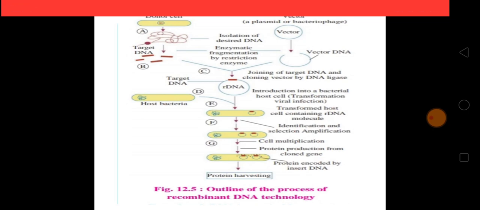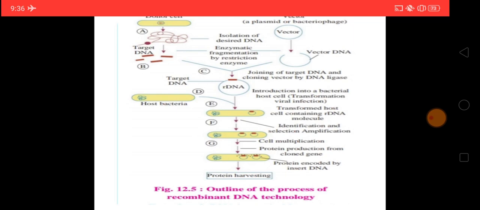When PstI restriction endonuclease is used, it knocks out the ampicillin resistance gene from the plasmid, so that the recombinant cell becomes sensitive to ampicillin. Next is the multiplication of the transformed host cell.